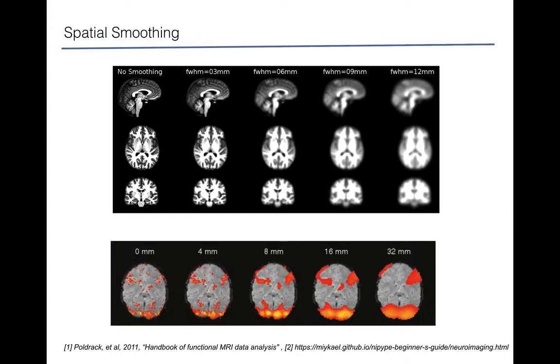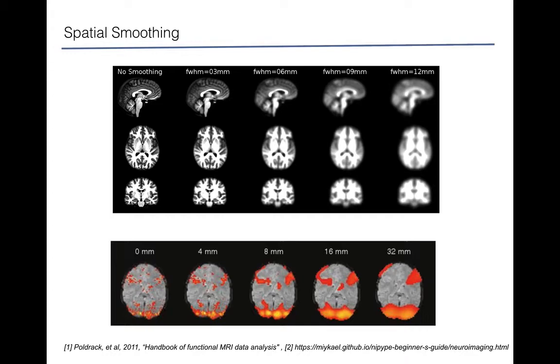If the area that you're interested in studying is large, and you know that the size of the activation is large, then it's okay to use a large kernel, and it will help you to some extent. However, if you're looking for a tiny area, then using a large kernel would not be useful at all. By increasing the size of the kernel, you may not be able to see activation in the small area that you're interested in.